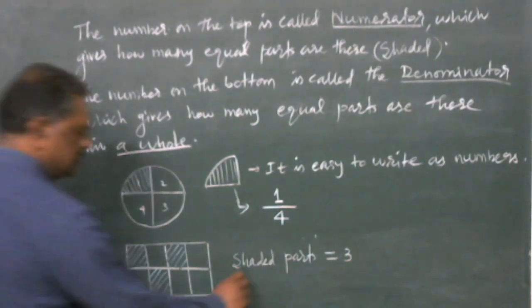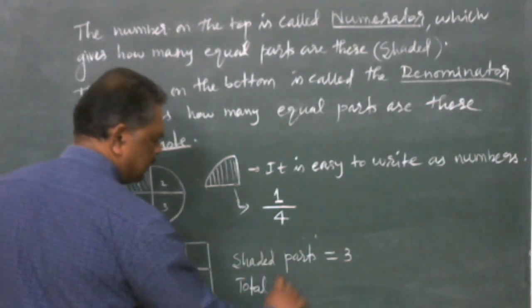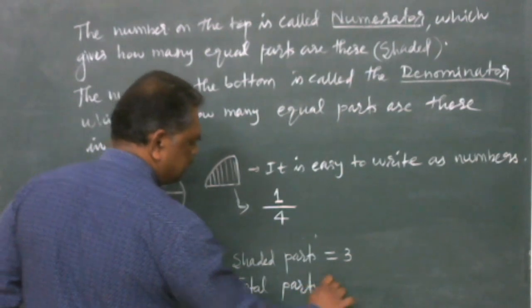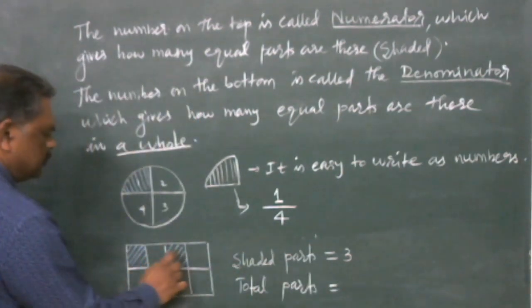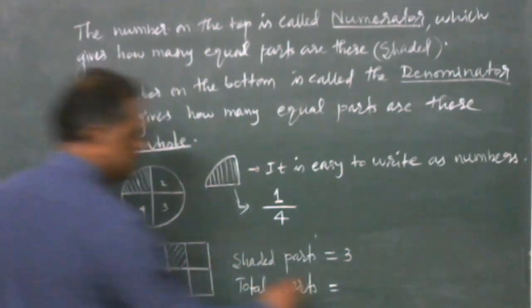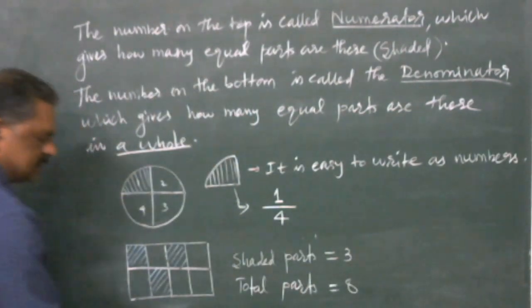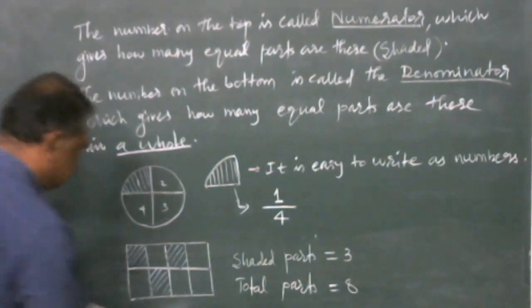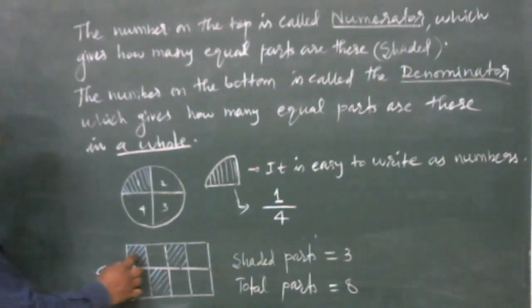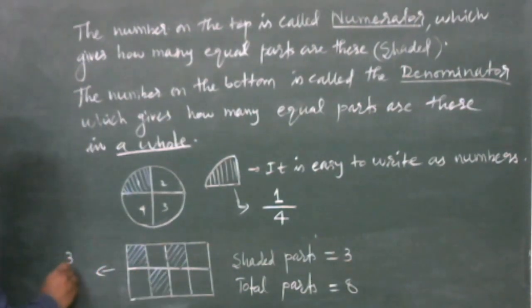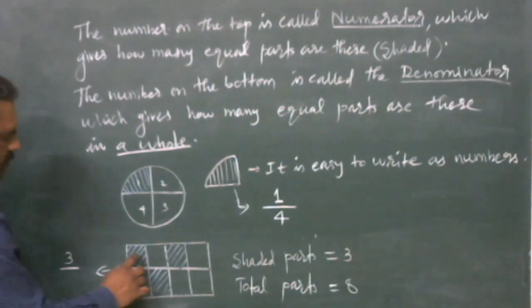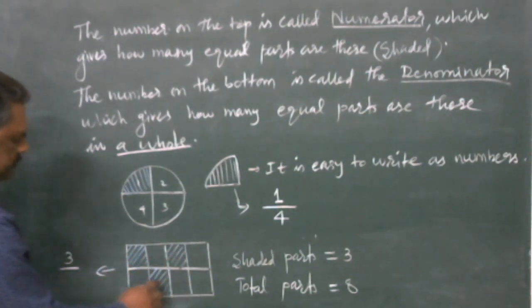Total parts: how many total parts are there? 1, 2, 3, 4, 5, 6, 7, 8 parts. So how do you write this shaded part as a fraction? The numerator is 3, written on the top, and the denominator is 8.